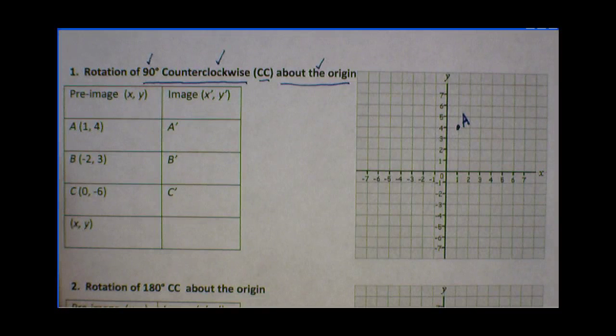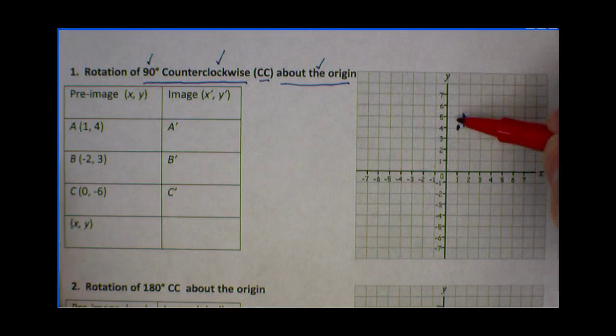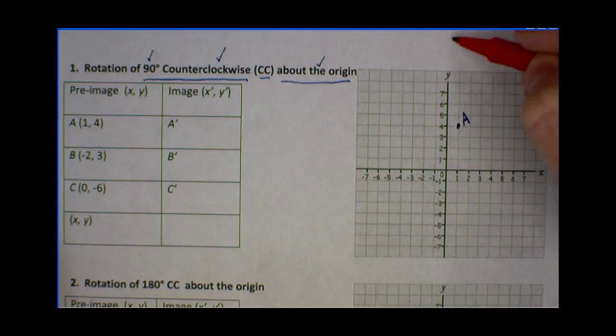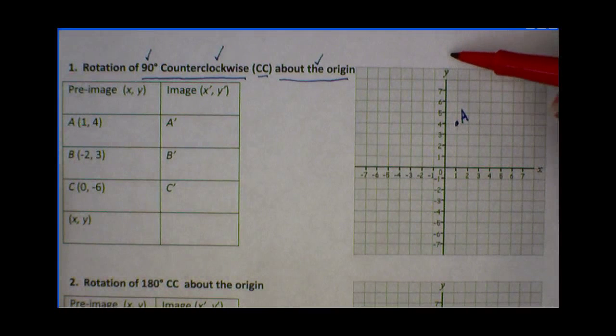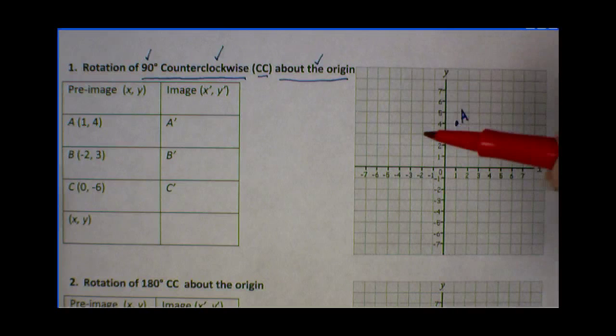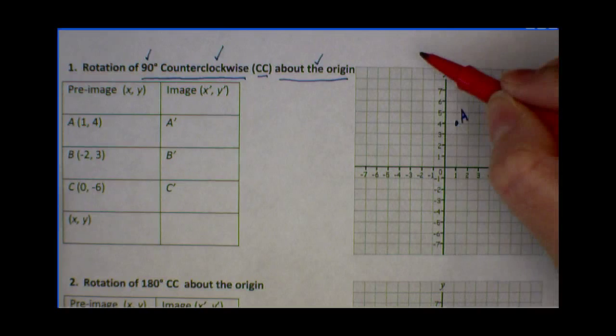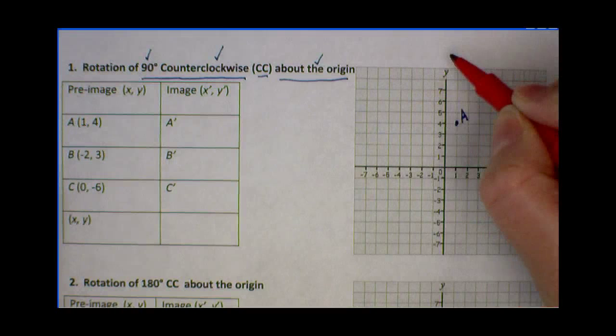Exactly. So if I take a look at point A, I want to take it 90 degrees counterclockwise. So right now, this is the top of my paper. When we look at a coordinate plane, we've always got the top of our paper up here. If I rotate 90 degrees counterclockwise, where would the top of my paper now be? Okay, so counterclockwise would be going to the left, in a sense.